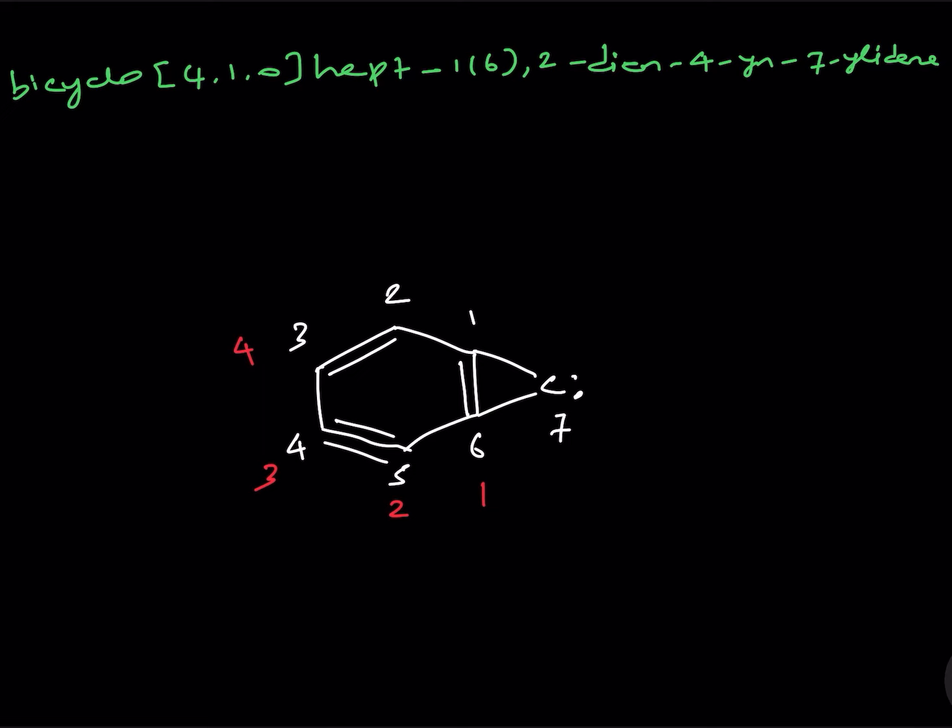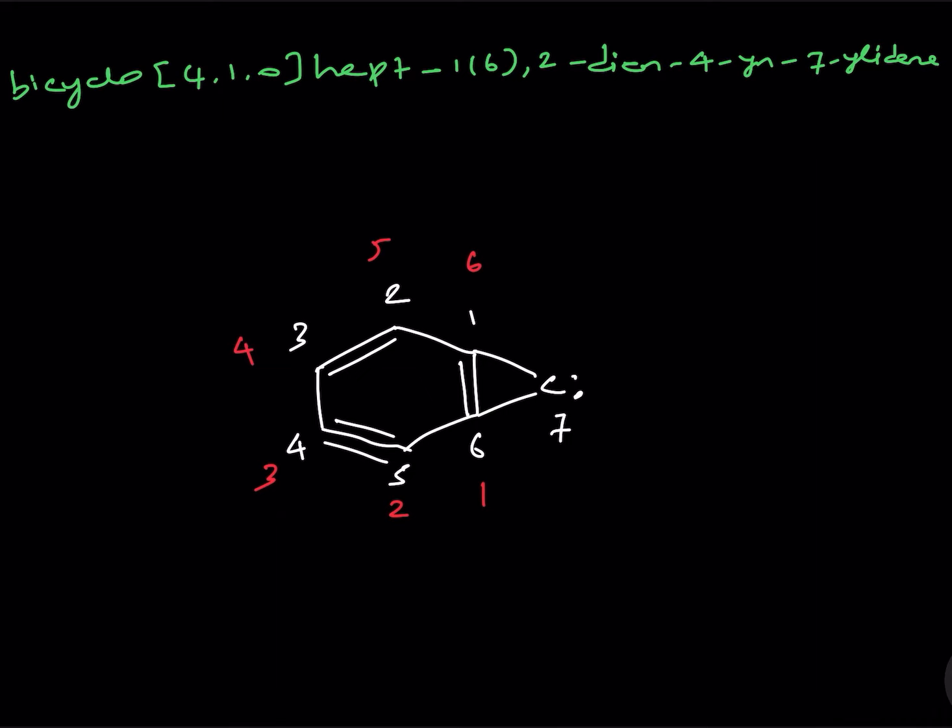When a choice exists, you have to give low numbers to the double bond. So here we are giving low numbers to the double bond. If you follow the numbering that is in white, you can clearly see that we have double bonds at position 1 and position 2. Position 1 in bracket 6 completes the first double bond. Position 2 completes the second double bond.